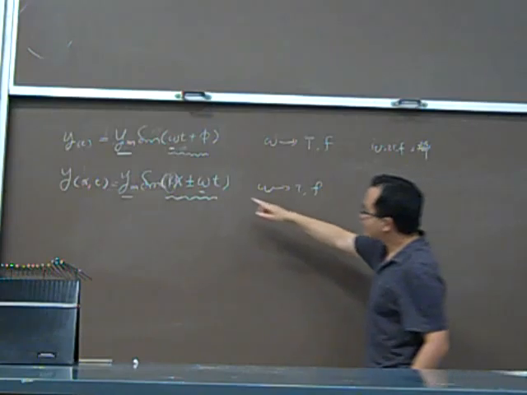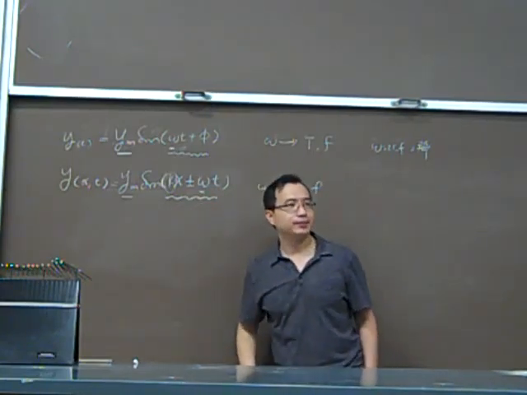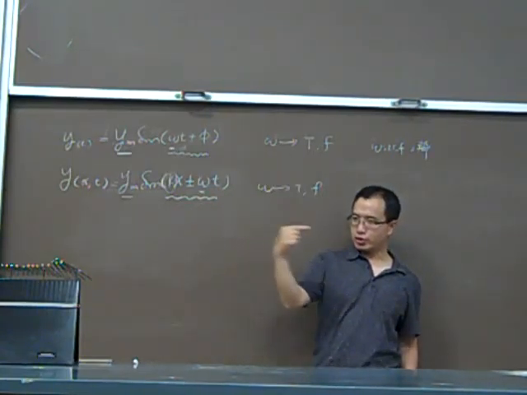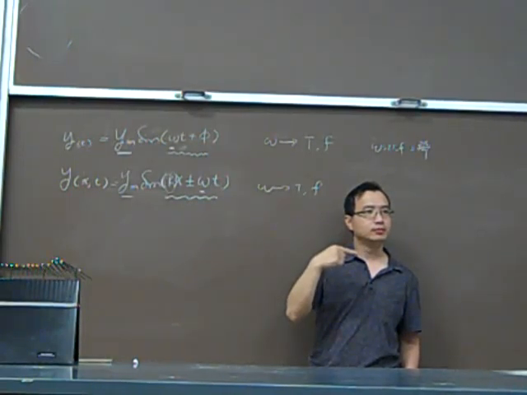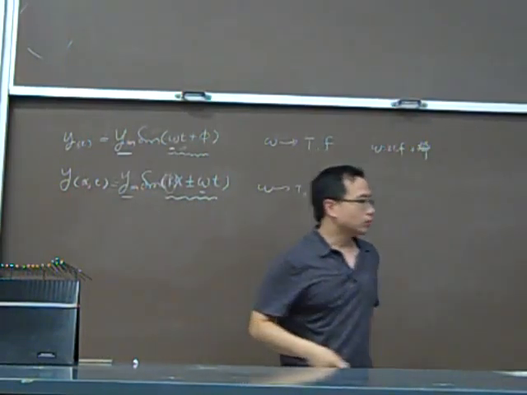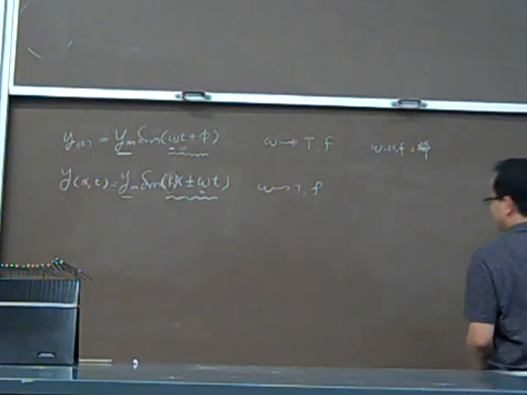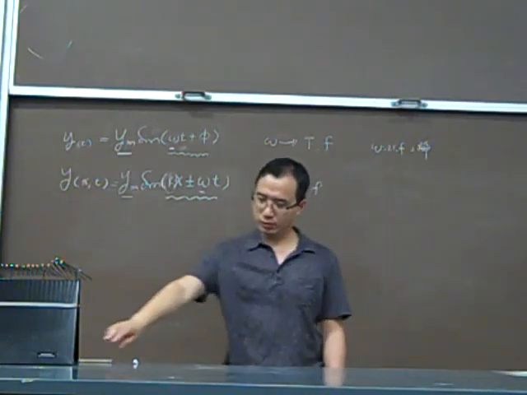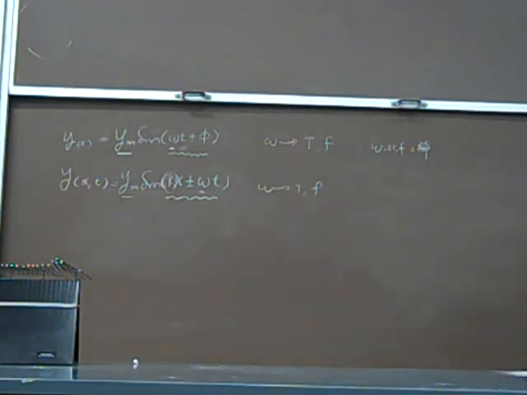Now, we have a positive sign and a negative sign. They are related to the direction of the wave. A negative sign means the wave is traveling in the positive direction of the x-axis.